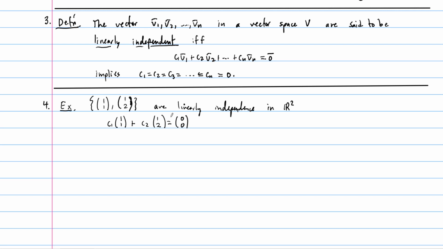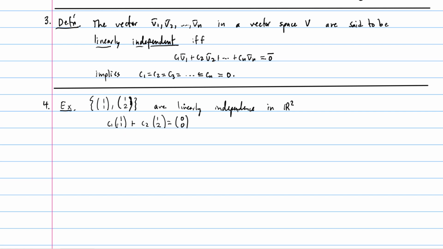So we want to try to solve this. This now becomes a system of equations with 2 unknowns, C1 and C2, and we want to show that the only solution to this homogeneous equation is that C1 and C2 must both be equal to 0.